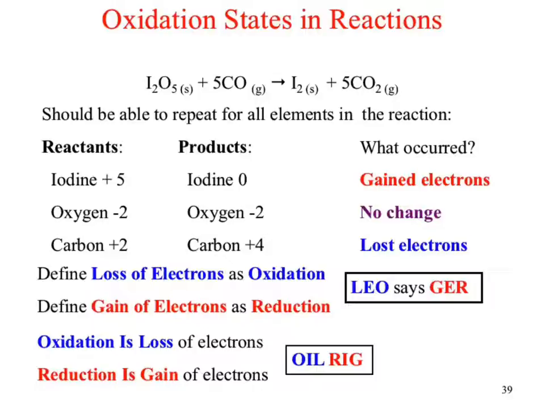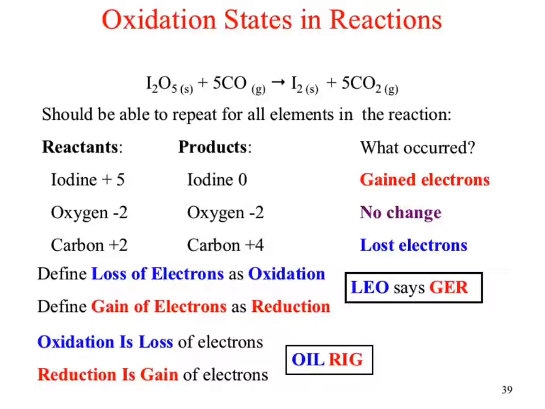But you have to tie back that the loss of electrons through the course of a reaction is oxidation. The gain of electrons is reduction. So you have to be able to identify your oxidation states for every single atom in the equation.